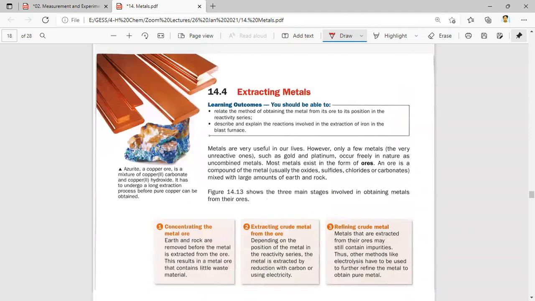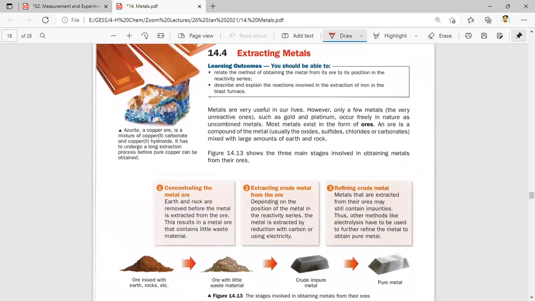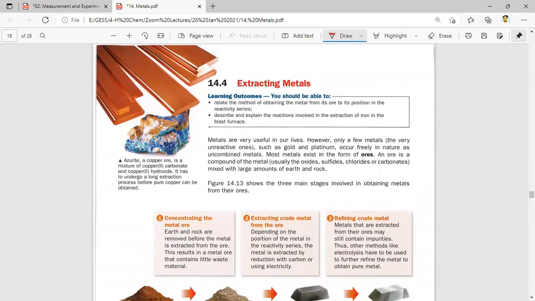Oh yeah, extracting metals. So what we have done so far is we have used experiments to determine the reactivity series. From the reactivity series, we determine what reactions will take place. But of course, in terms of application, why would you want to learn all this? In our real lives around us, we use metals a lot.